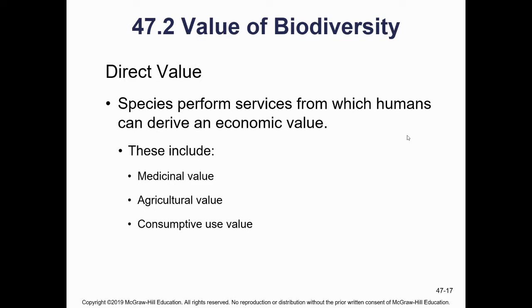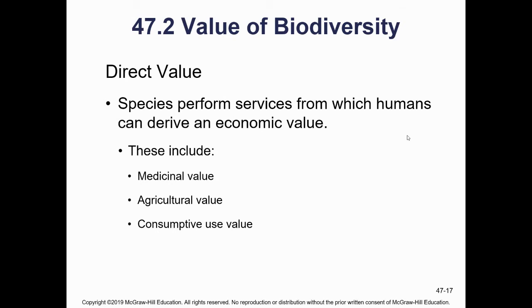And why do we care? Well, biodiversity is really, really valuable. And that's both directly, where we have direct financial value and gain from this, and indirectly, with ecosystem services that we can put a price tag on. We take advantage of them, but we can calculate what that indirect value is.